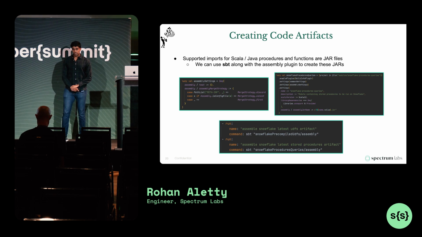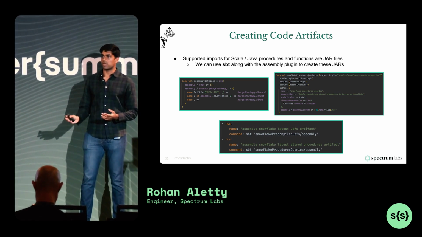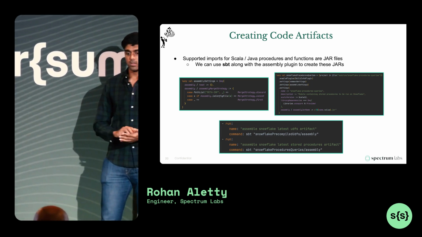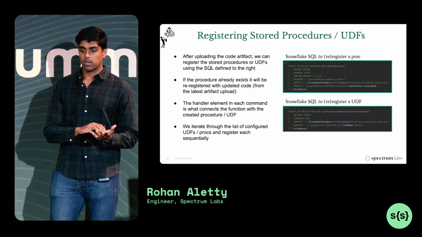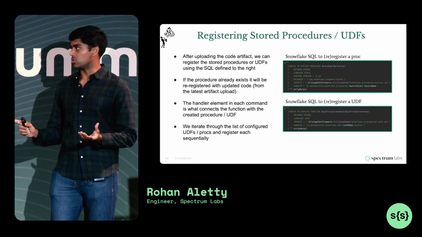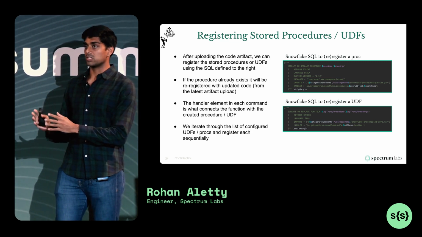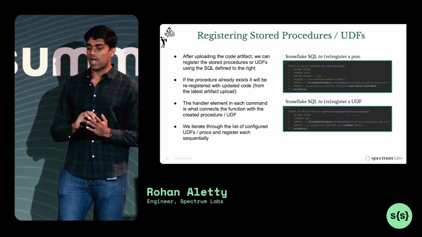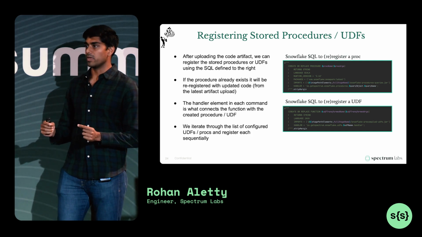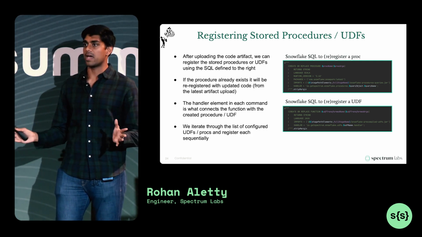So the next part of this is basically how we're going to configure the procedures and UDFs in order to register them on Snowflake. So now that we have the code in Snowflake, we want to be able to look at each stored procedure or UDF that we have and say, hey, I want to update this stored procedure or UDF based on this new code that I've written. The problem is we don't have an automatic way to look through our code and be like, oh, I see you've added this new procedure, I'm going to automatically update it.